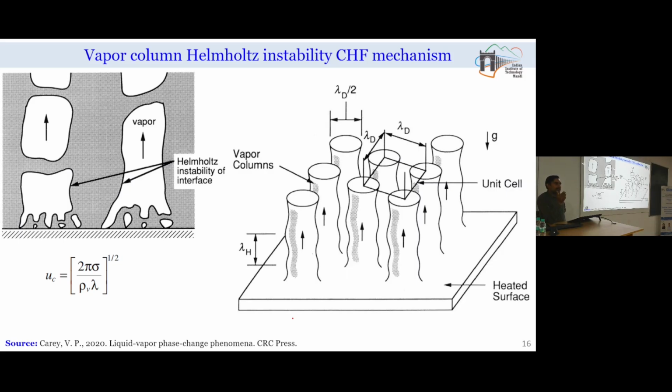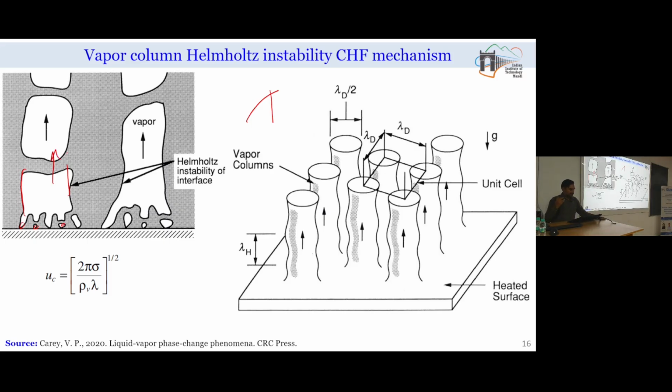So, basically what is critical heat flux? Critical heat flux is the departure from the nucleate boiling regime, and immediately after that we enter into the film boiling regime by following a transition regime. Okay. So we know that near the critical heat flux, the number of nucleation sites which are active on the surface is significantly high, and when vapor forms from multiple nucleation sites, this vapor will merge together and form large column like structures.